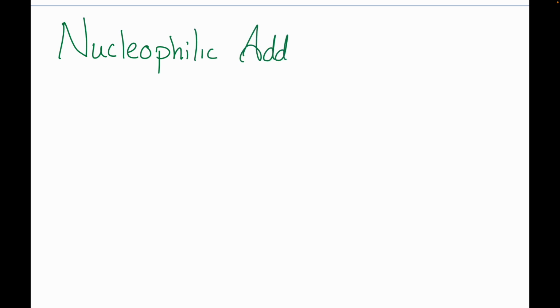So that leads us to our reactions of aldehydes and ketones, what are called nucleophilic addition reactions. We've seen this before, so let's just keep it in mind.